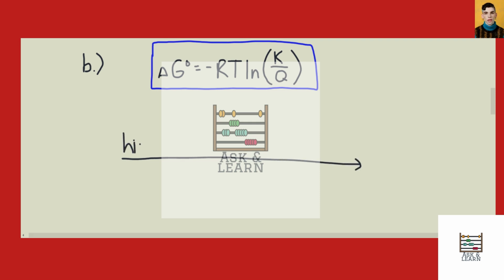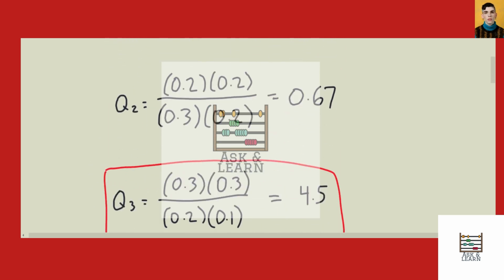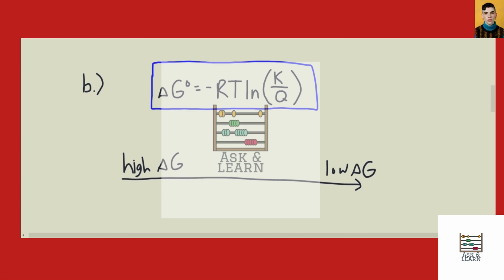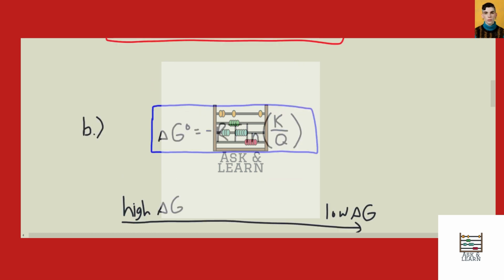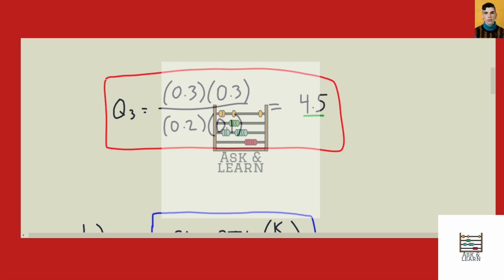So this is the highest delta G, and this is the lowest delta G between the same three molecular scenes that we were shown for part A. And in order to determine that, we have this equation where we can compare the values of Q and K. We know that K is always 4.5, and we calculated values of Q for 1, 2, and 3.